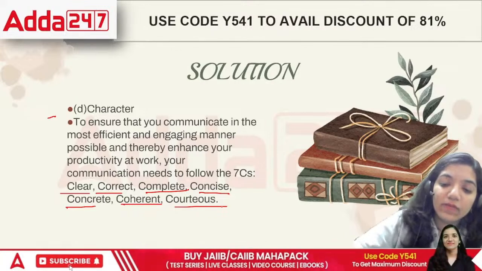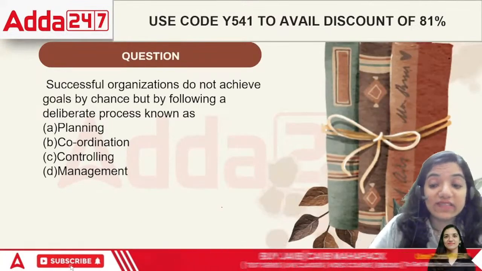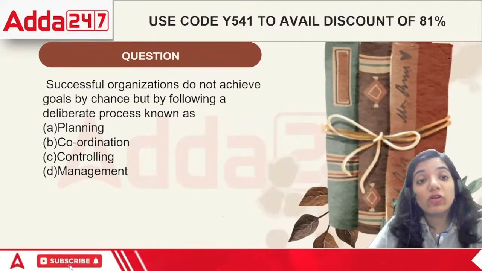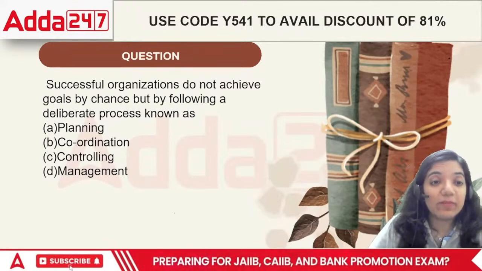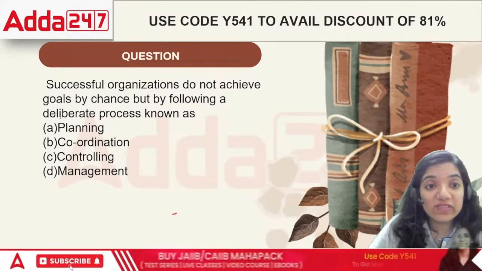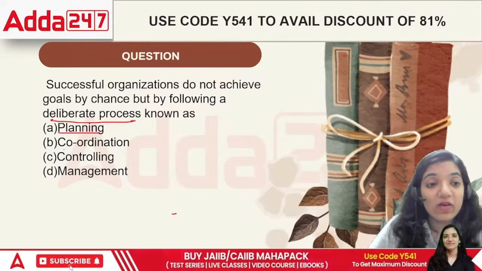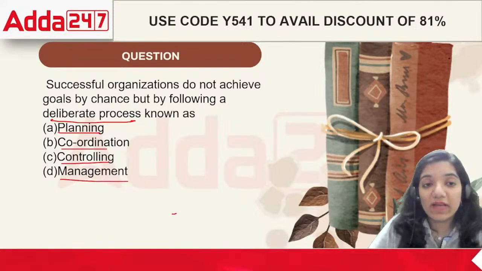Okay. Now, the next point is that successful organizations do not achieve goals by chance, but by following a deliberate process known as planning, coordination, controlling, or management.